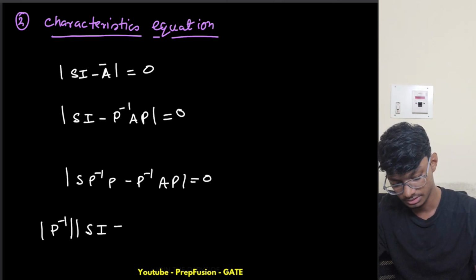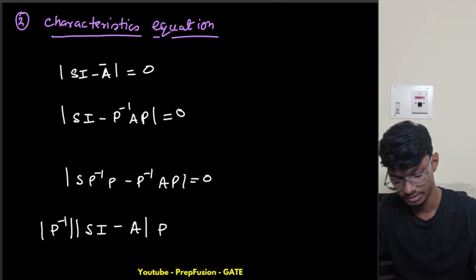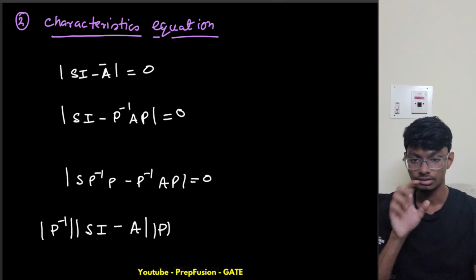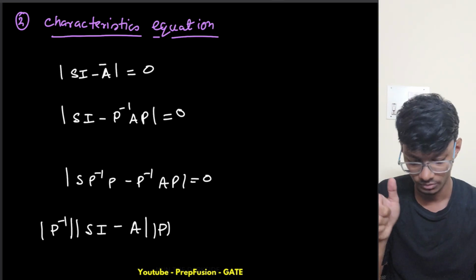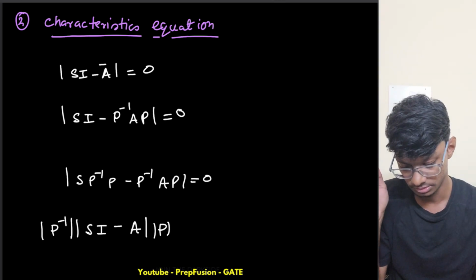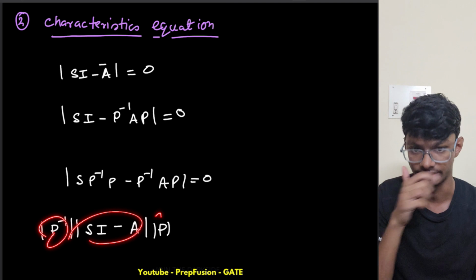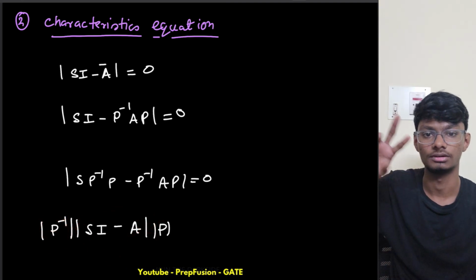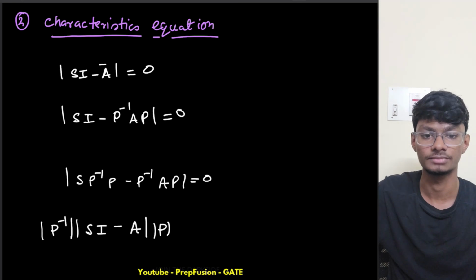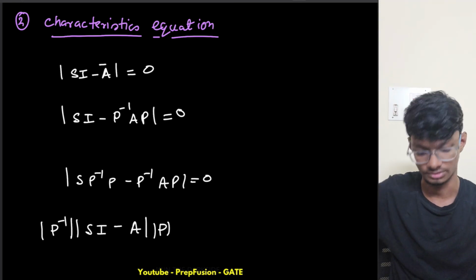Okay, SI minus A, I will be left with this, and this will be P. Now determinants follow the commutative law. These are just numbers, right? So I can put this here, and what is the relation between the determinant of P inverse and the determinant of P? They are reciprocals of each other.